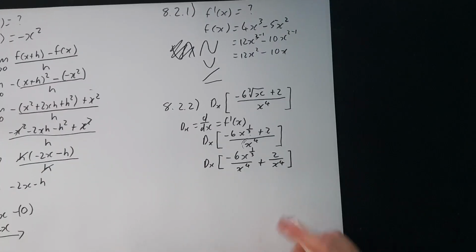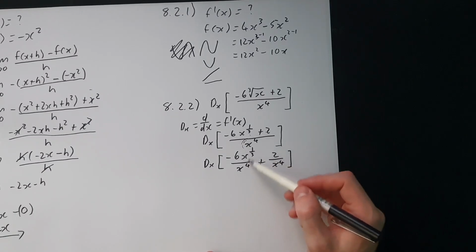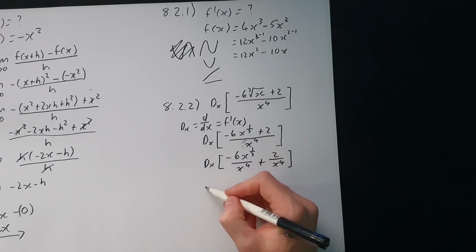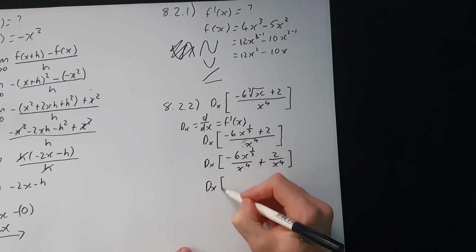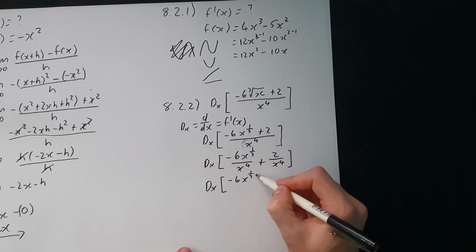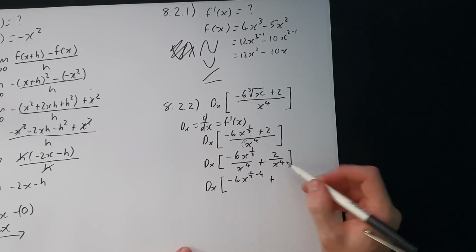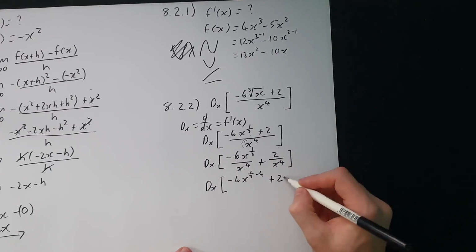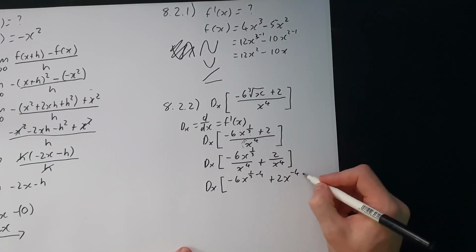Now we can simplify. Remember your exponent rules: if it's divide, we minus our exponents. So dx is minus 6 x to the power of a third minus 4, plus, taking this whole thing to the top, 2 x to the minus 4.